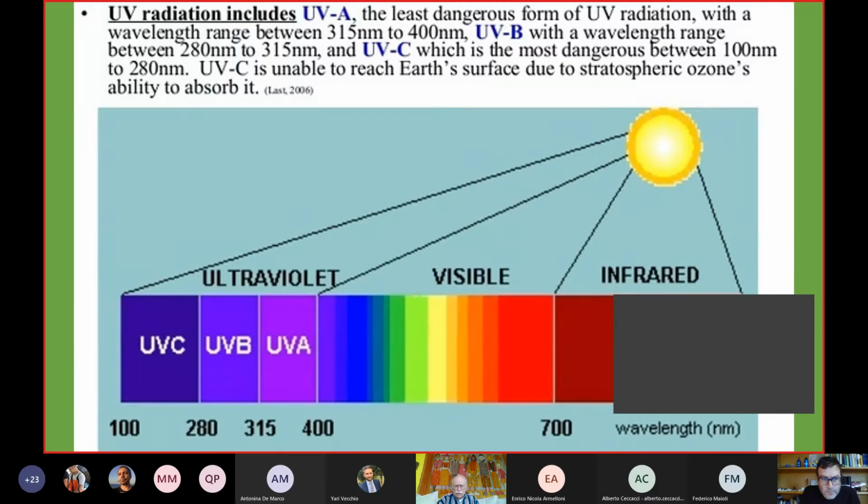Now, to remind you of the solar spectrum, you have to remember that as we move to UVC, it is really deadly, and I shall say a few words about this later.